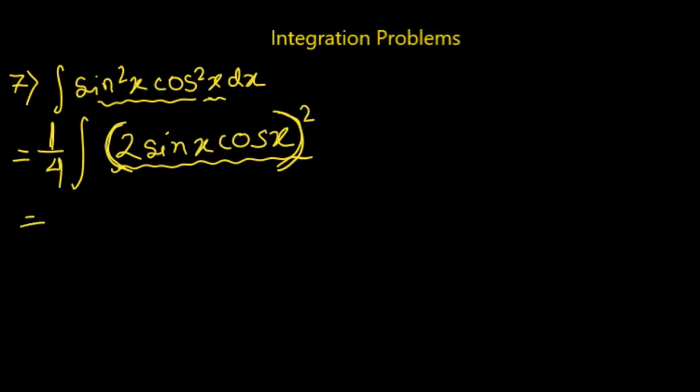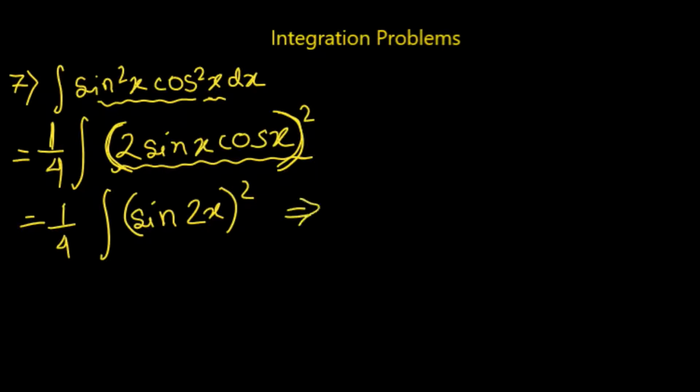So as you can see, 1 by 4, 2 sin x cos x whole square dx. So 1 by 4 integration of, this is a special formula, sine 2x whole square, which means sine square 2x.